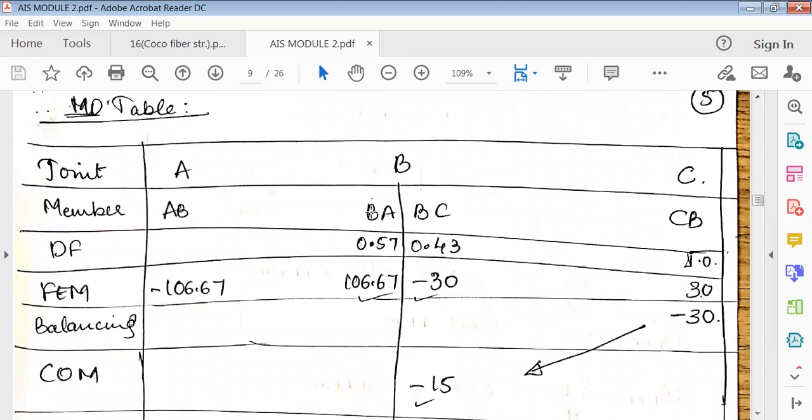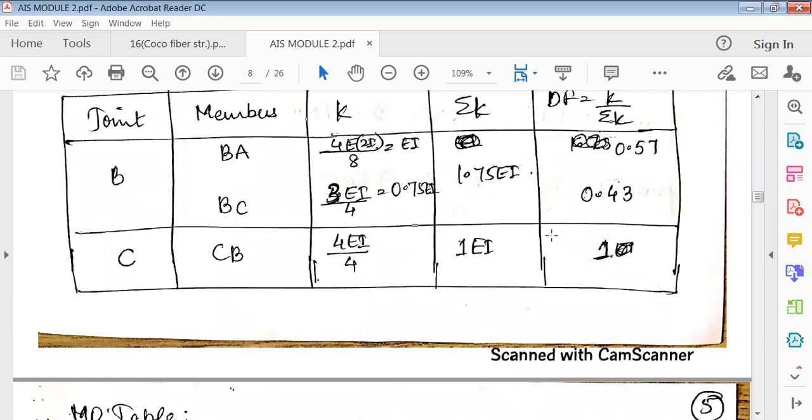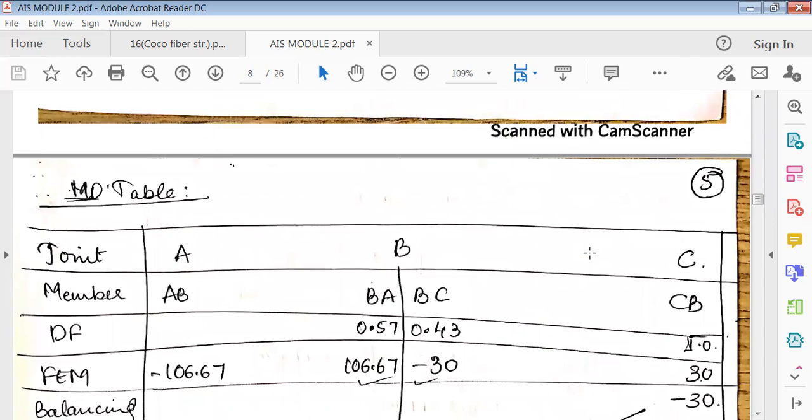Split this B into 2, so it connects AB and also BC. Then CB. Then the distribution factor. At AB there is no distribution factor. But in BA it is 0.57, in BC it is 0.43. And in CB, you've already calculated this distribution factor, that is 1.